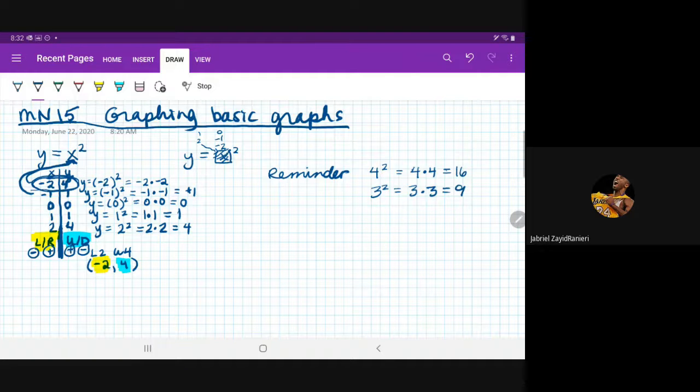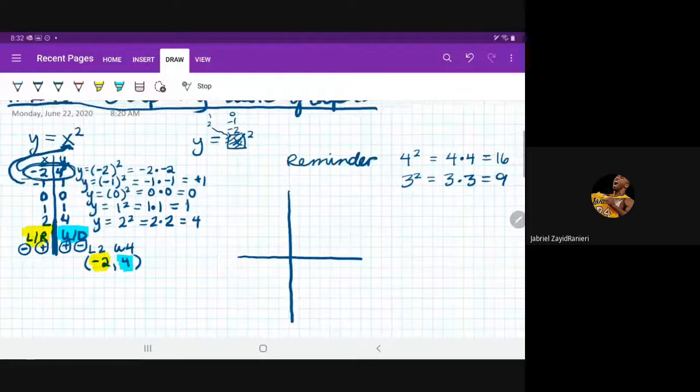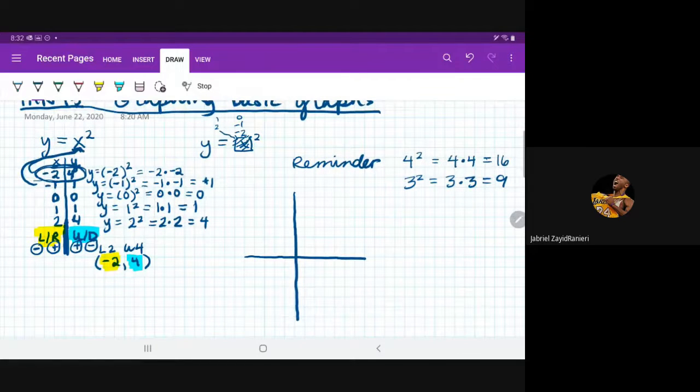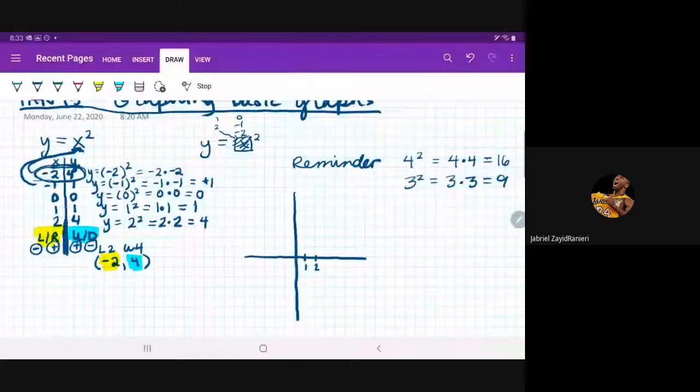Okay, so let me show you how to graph this shape. Now, when you graph in my class, I do need you to make each square worth 1. So like this one, this is where 1 will go, and then this is where 2 will go.